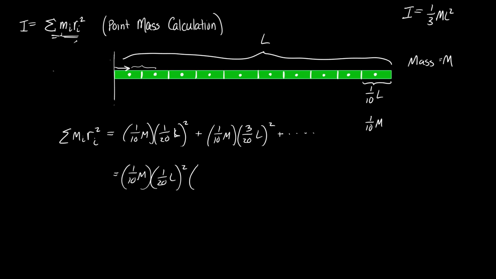What would be left in here? 1 squared plus 3 squared plus 5 squared plus 7 squared plus 9 squared plus 11 squared plus 13 squared plus 15 squared plus 17 squared plus 19 squared. Do we keep going?